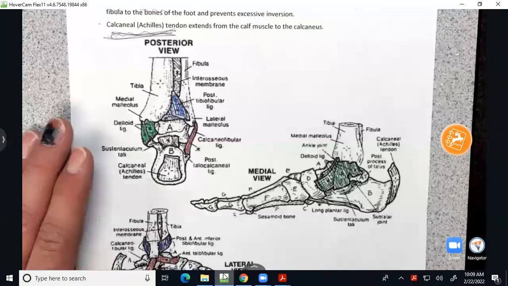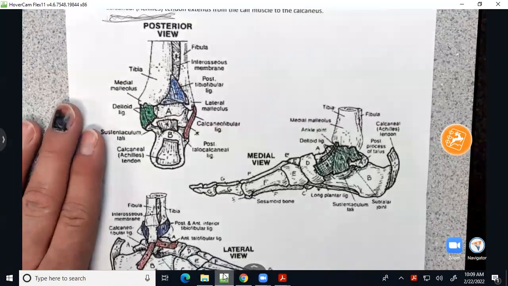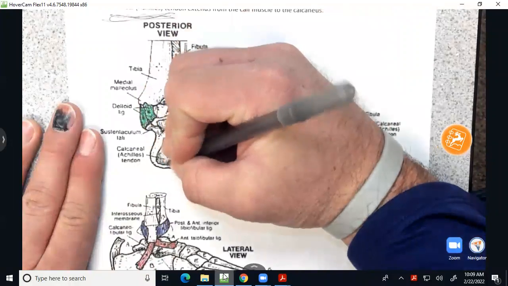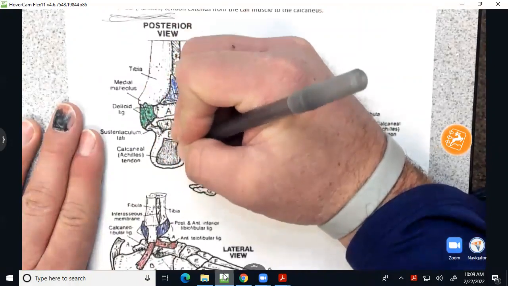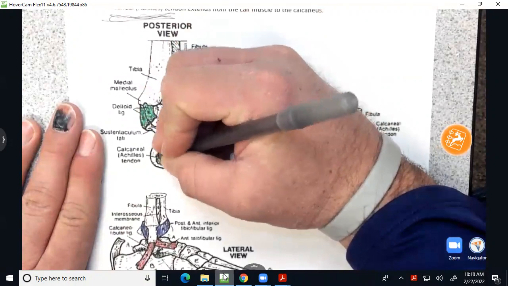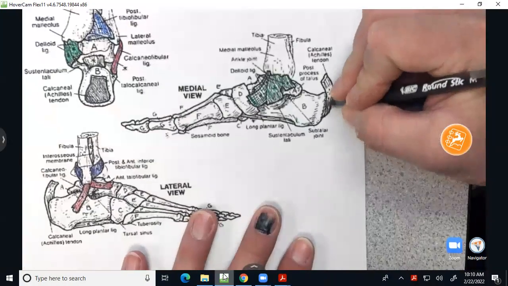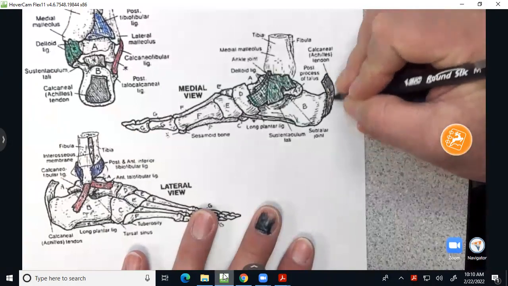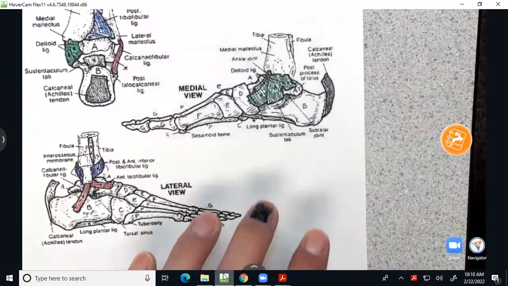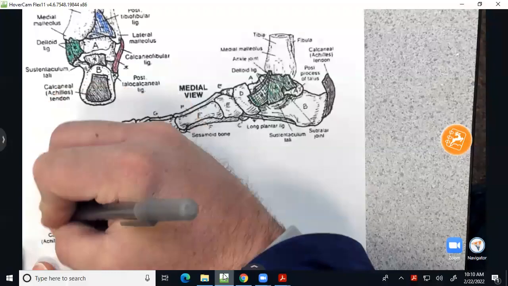And then the last structure, I'm going to color it black. It's truly not an ankle joint structure, but it is so tied in with the ankle, and it is a very prominent structure, so I'm going to go ahead and highlight it. It's visible in all three images. What we will call the calcaneal tendon, or as most people describe it, the Achilles.